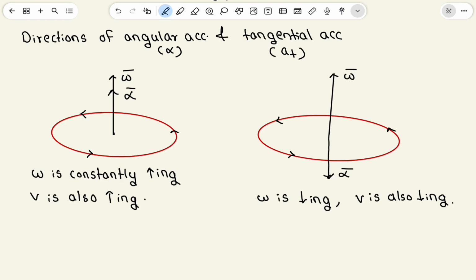So this is the rule that you need to remember: if the magnitude of angular velocity is increasing, then angular acceleration alpha bar is parallel to omega bar, and if the magnitude of angular velocity omega bar is decreasing, then alpha bar is anti-parallel to omega bar. Okay?